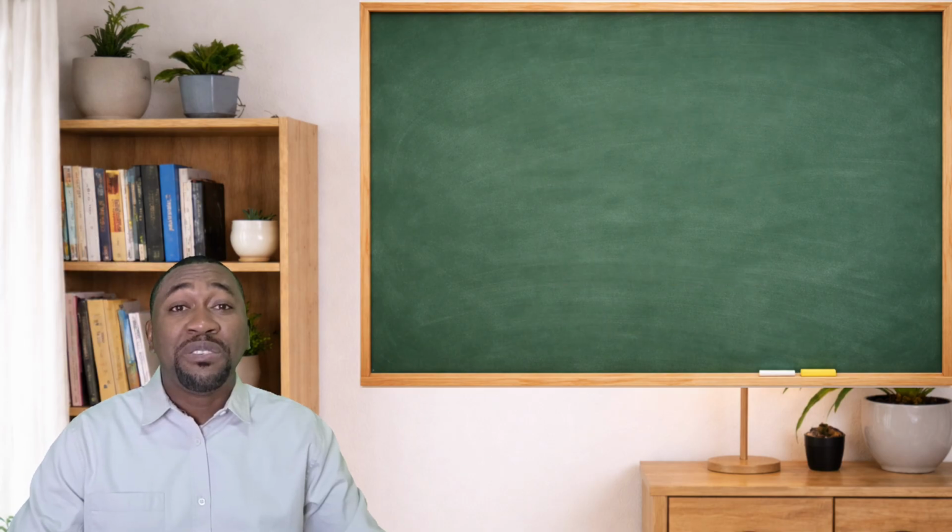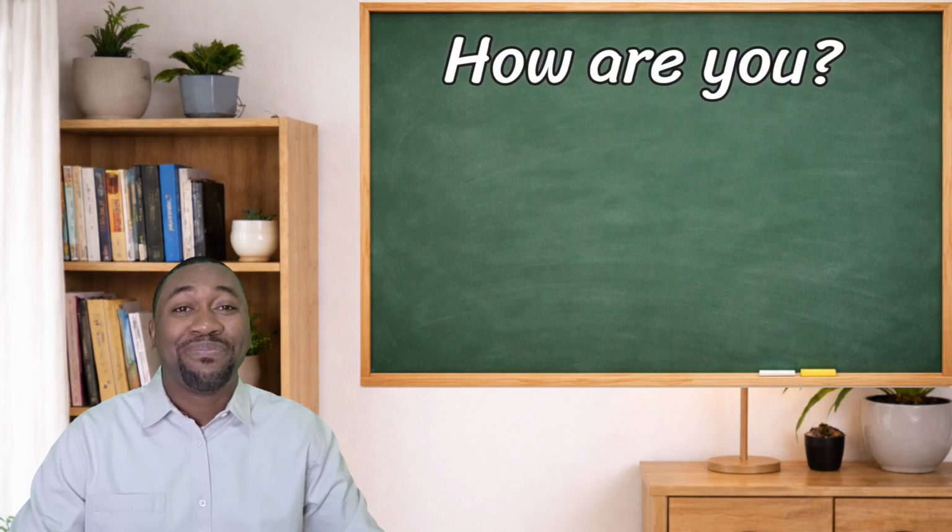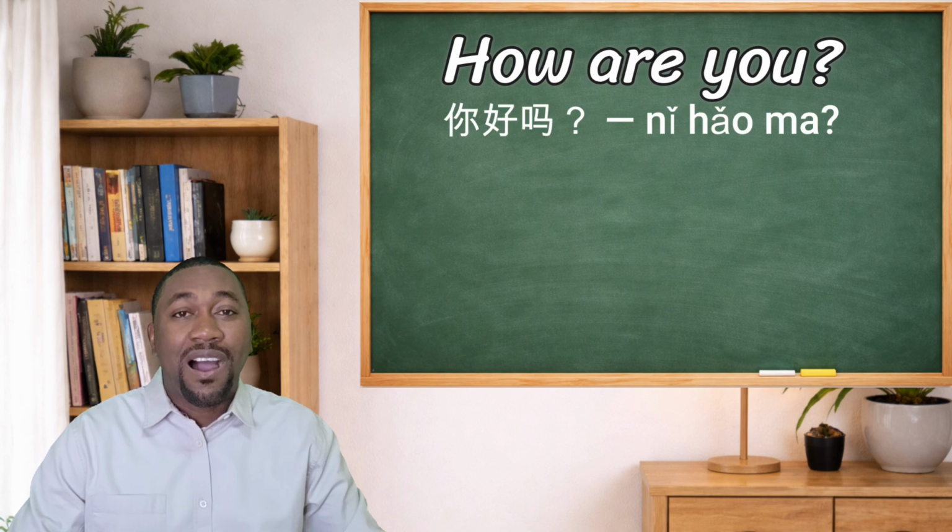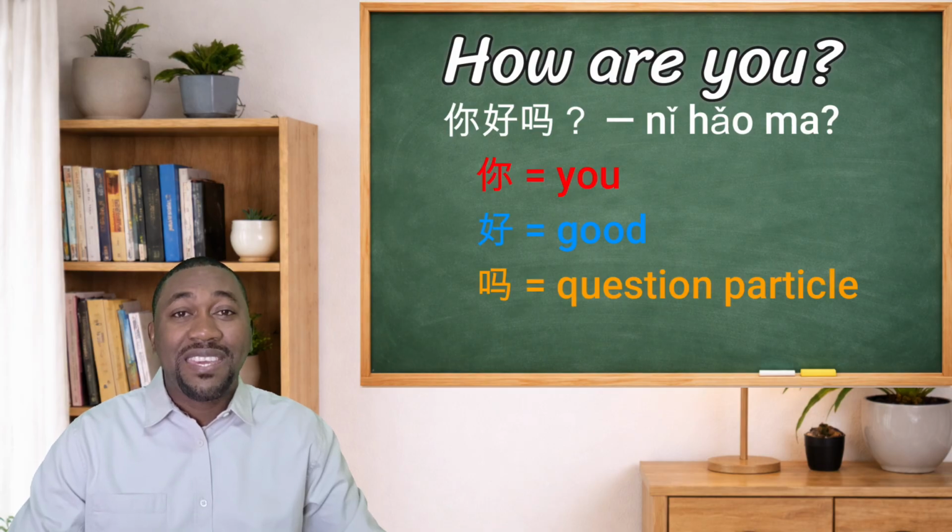Now let's move on to asking, how are you? To ask, how are you in Chinese, say, ni hao ma. Let's look at the structure of this one. Ni means you. Hao means good. And ma is a question particle.